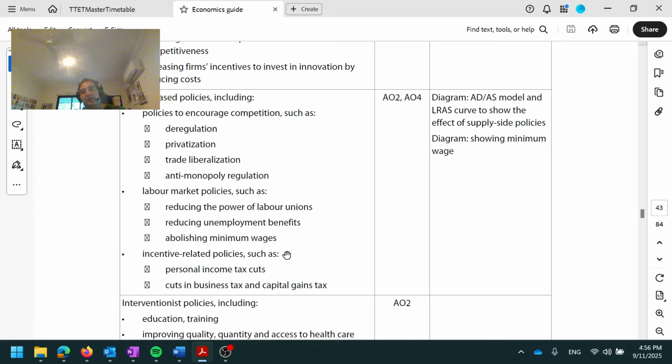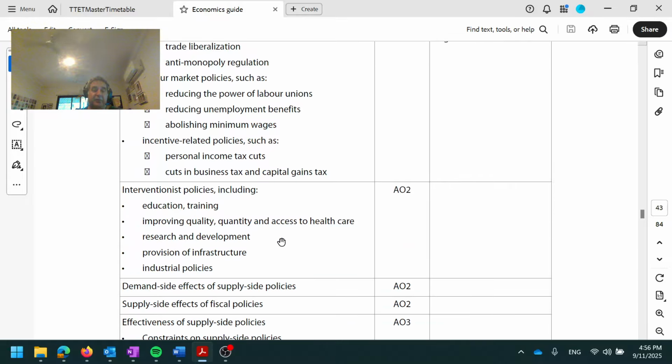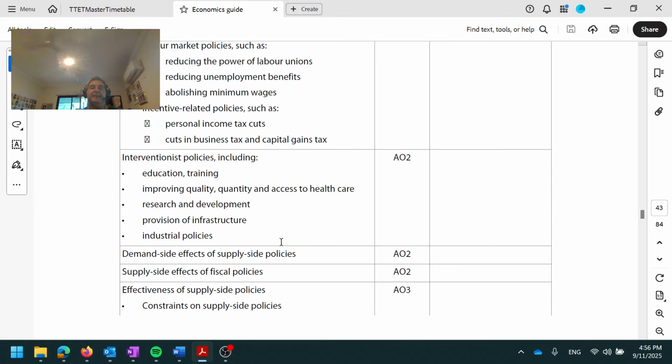So they're market based. You could get a question on, discuss a view that market-based supply side policies are effective, and you would say this is where they're effective, this is where they're not effective, and then offer the alternative. Like I keep saying, there are alternatives that you can offer, and they can be interventionist policies.